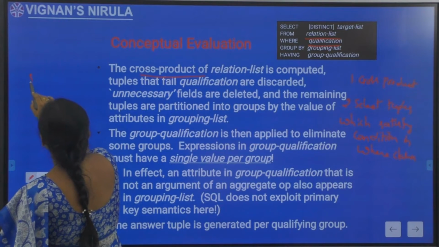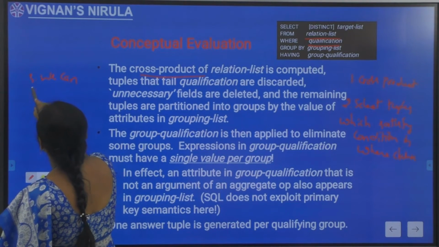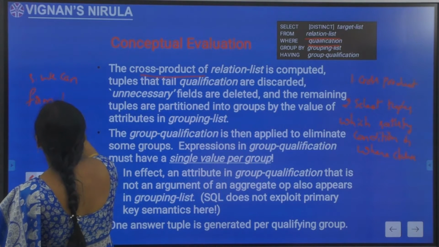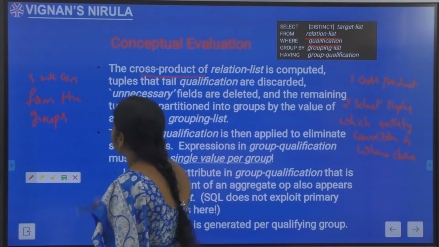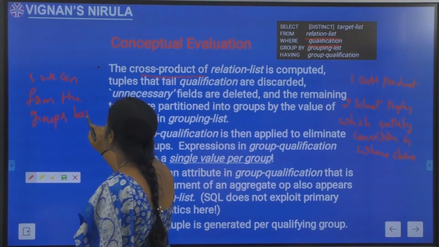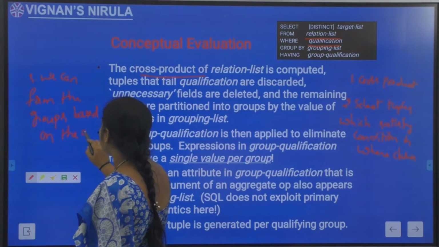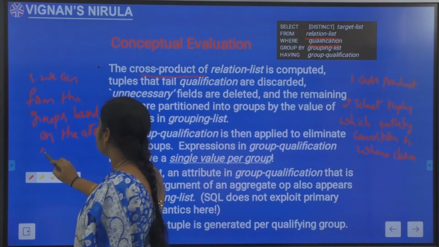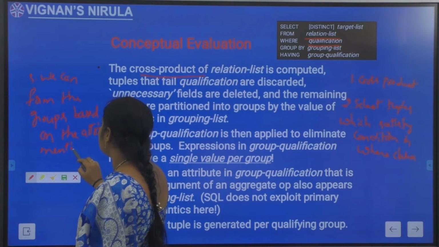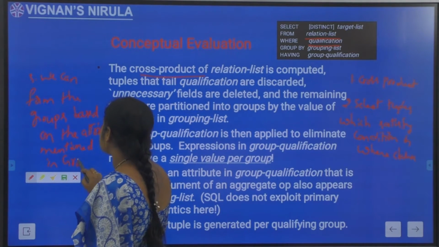The next step is we can form the groups out of the remaining tuples from the second step, based on the attributes mentioned in the group by clause.